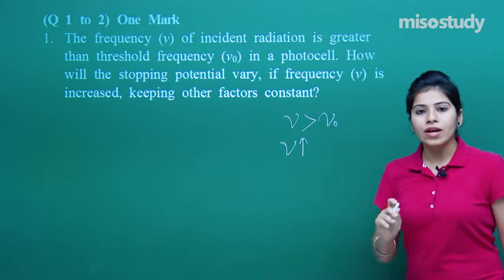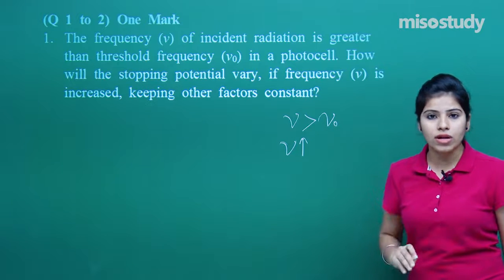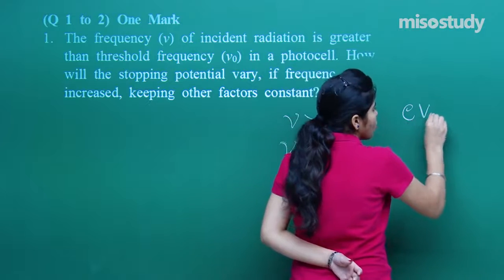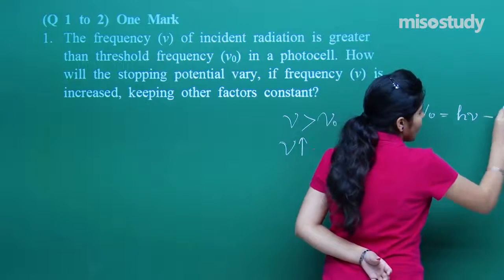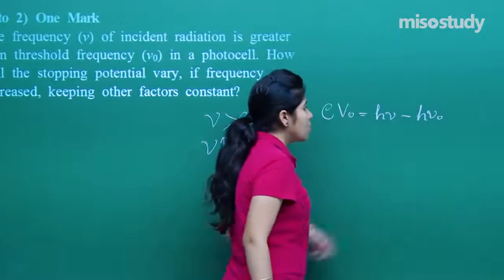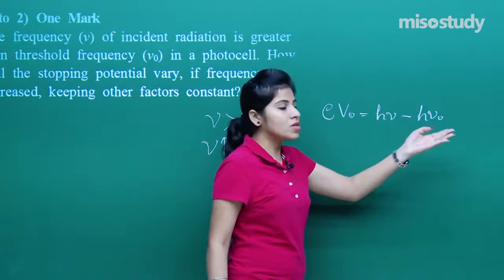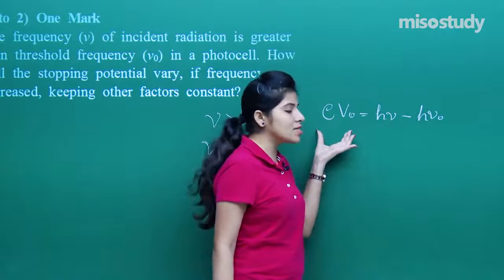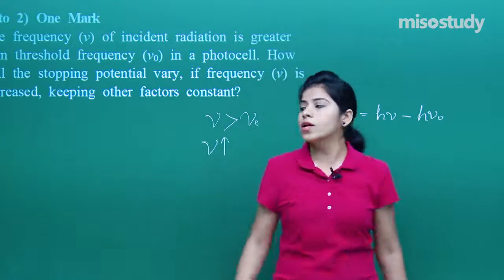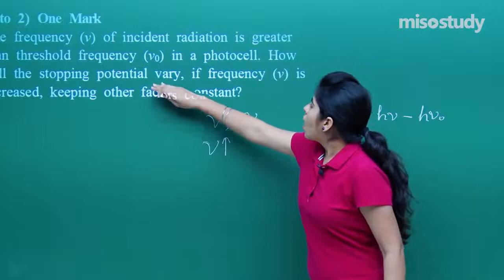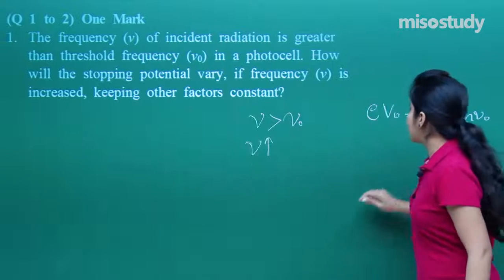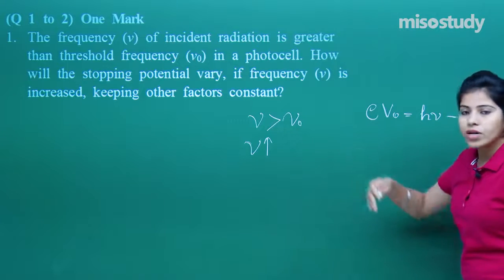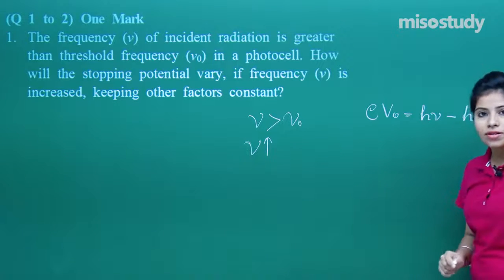Now, you know that we have Einstein's photoelectric equation, which is eV naught equals h nu minus h nu naught, where nu naught is the threshold frequency, h nu is the energy of the photon and eV naught is the energy of the electron. Here V naught is the stopping potential.